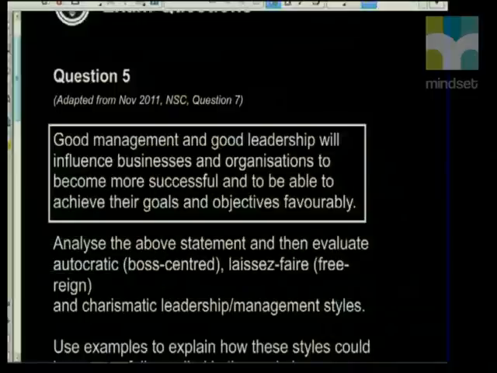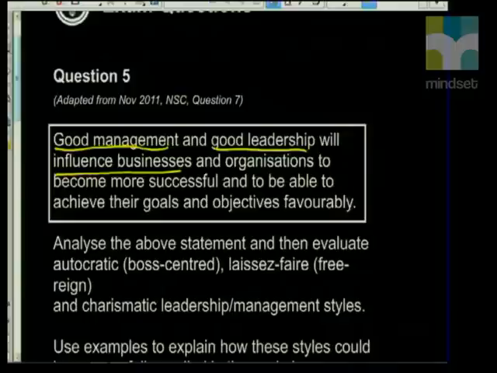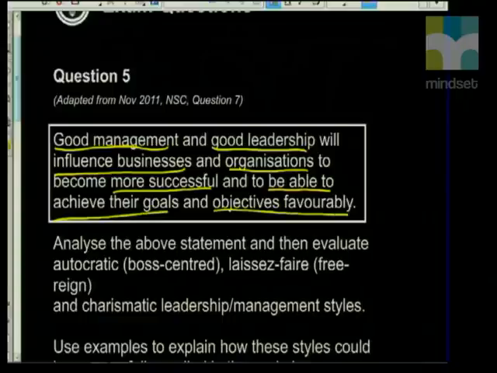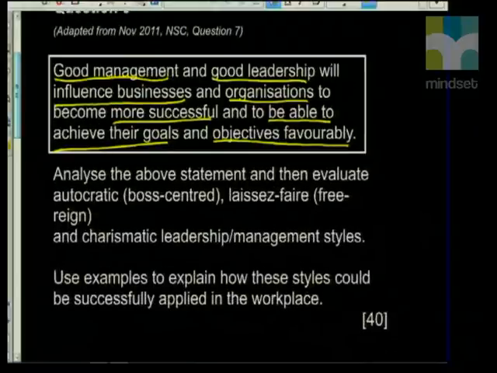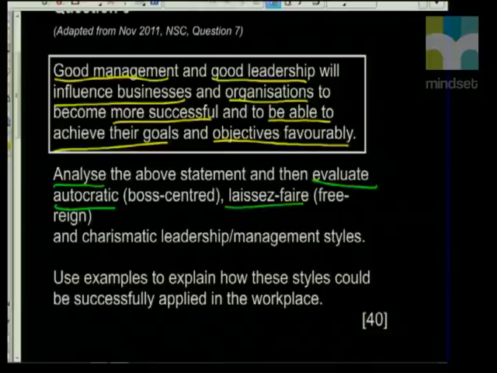So, question 5 says, good management and good leadership will influence businesses and organizations to become more successful and to be able to achieve their goals and objectives favorably. So that's the statement. Let's have a look at the question. It asks us to analyze the above statement, and then evaluate autocratic, laissez-faire, and charismatic leadership styles.